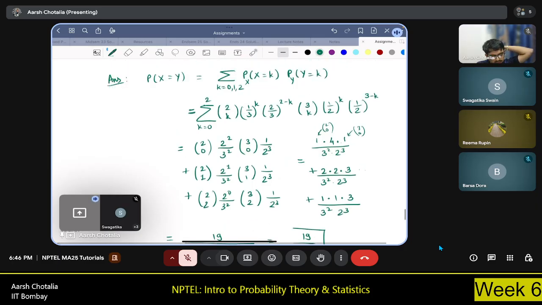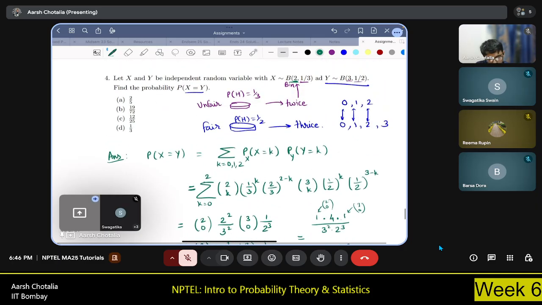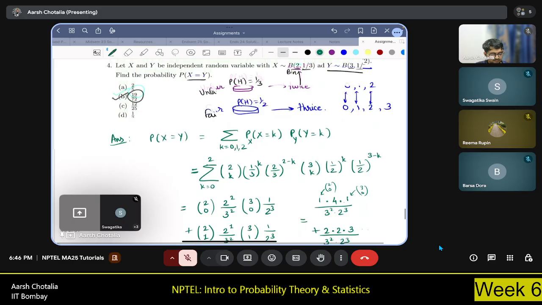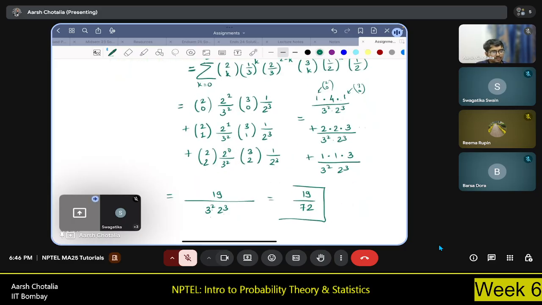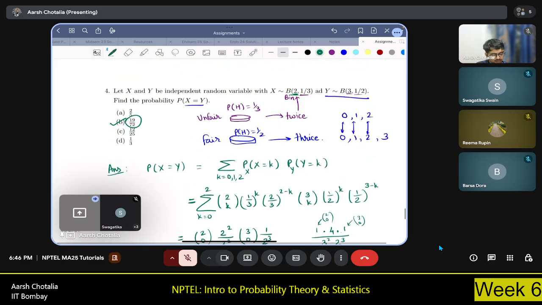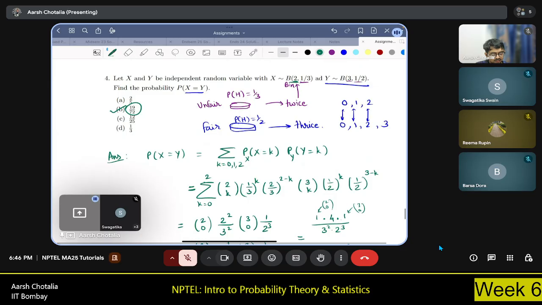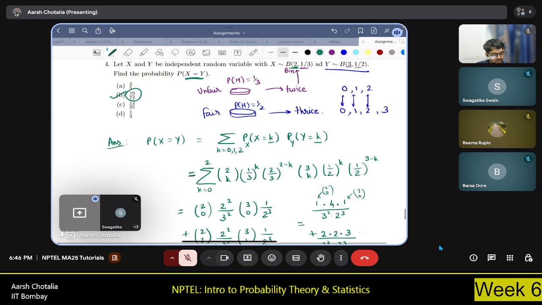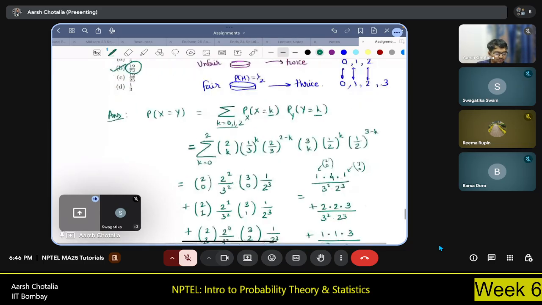Yeah, which means this is slightly greater than 1 by 4. 19 by 72. Yeah, the calculation is ugly, but I hope you get the concept, right? You want x and y to be equal, so it could be equal to any number k which is possible. So the only possibilities are 0, 1, and 2.